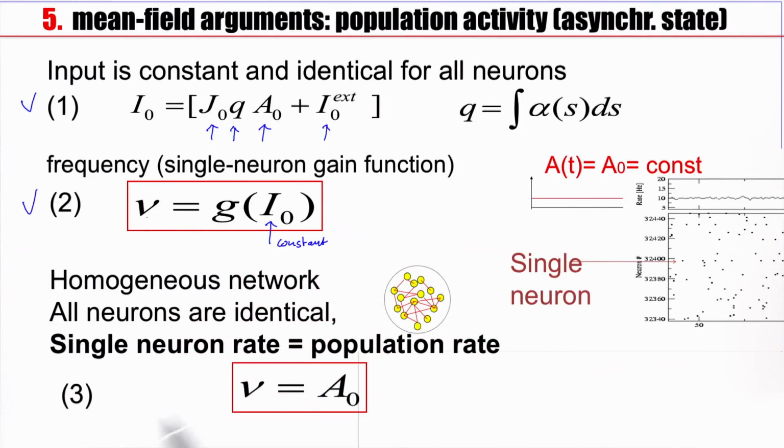And then I have a third result that says the single neuron rate is equal to the population rate. Again, this third result is just based on the idea that temporal averaging should give the same as spatial averaging if you are in a stationary state and if the network is homogeneous, which means all neurons are the same.